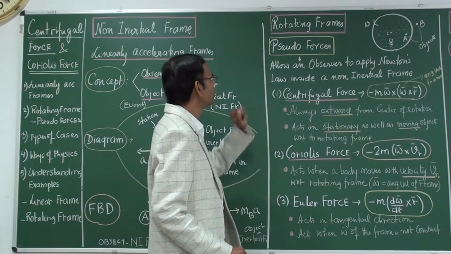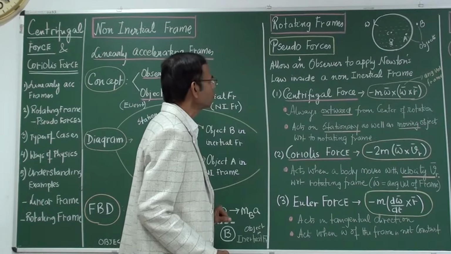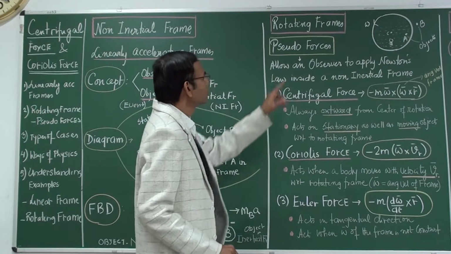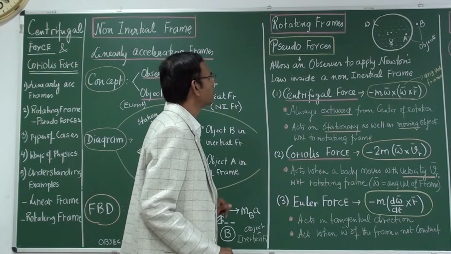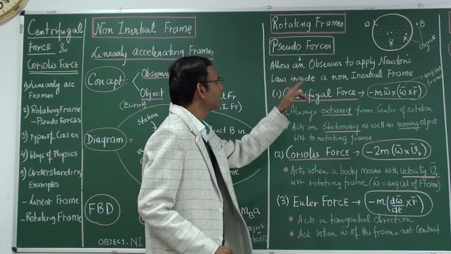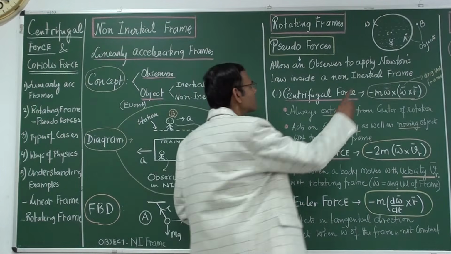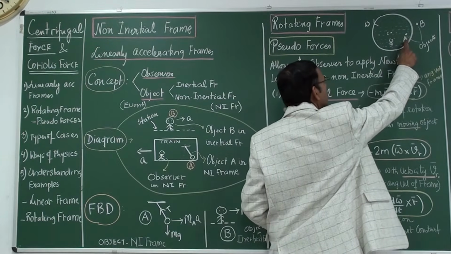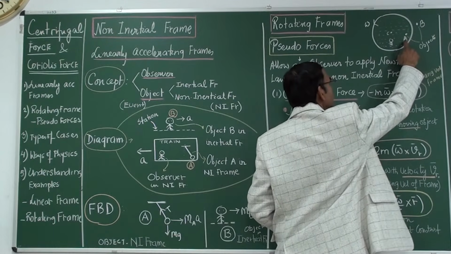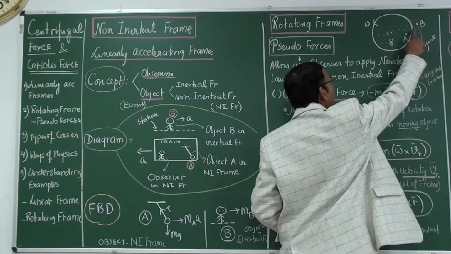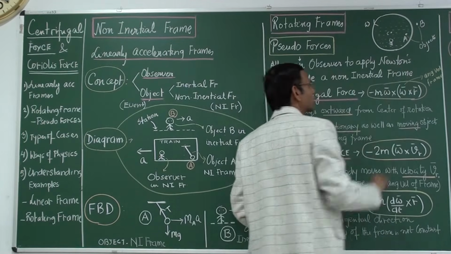In the centrifugal force, a rough diagram I have drawn here. That is a frame which is rotating. The observer is here, and there are two objects. One object is inside the rotating frame, other object is outside the rotating frame.